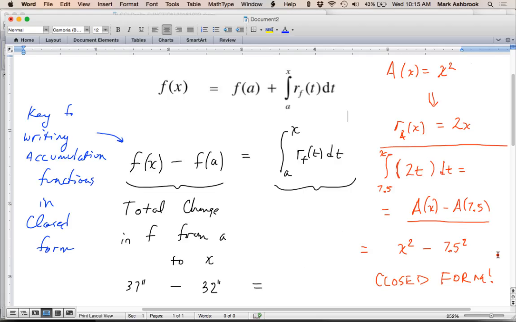Same thing with this, but this just represents it as the accumulation of changes in area starting from a square with side length 7.5 up to a square with side length x. So that amount of accumulation is then going to be the total amount of change in the area.